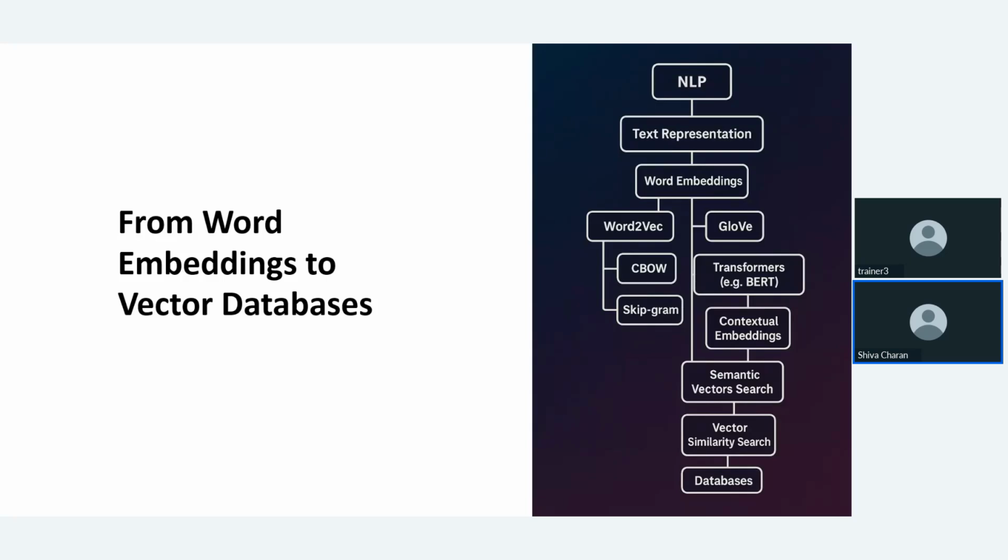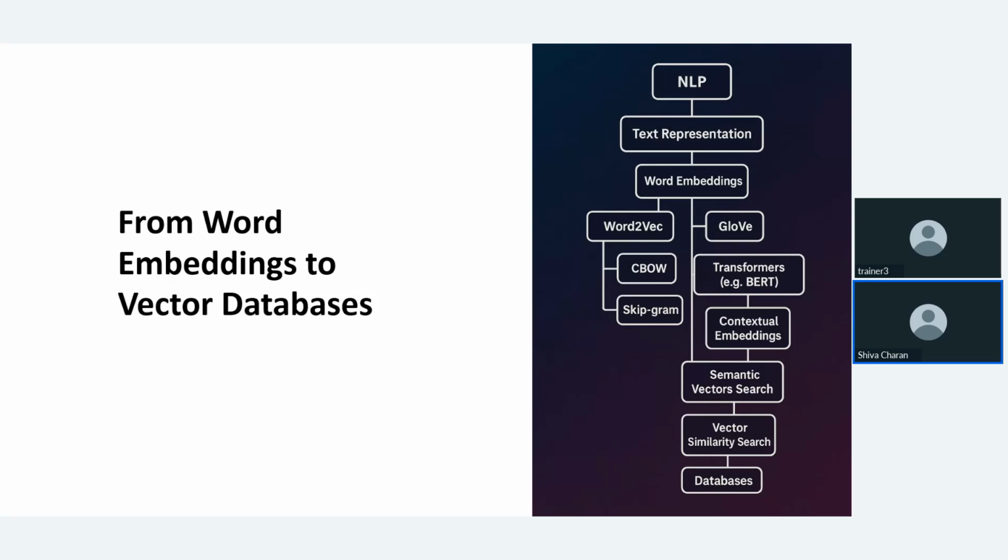If you say word to vector, the words will be converted into a vector, and in that also we have two types, CBOW and skipgram. CBOW is nothing but continuous bag of words, and skipgram works based on the grams.